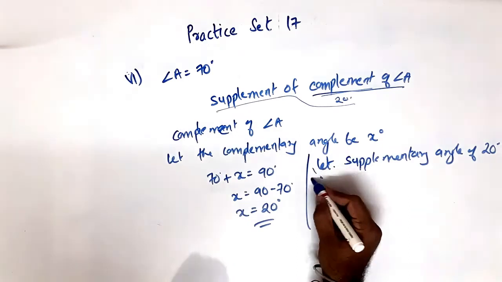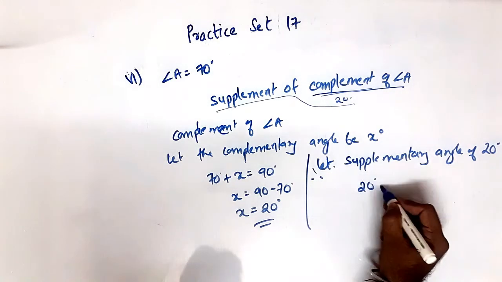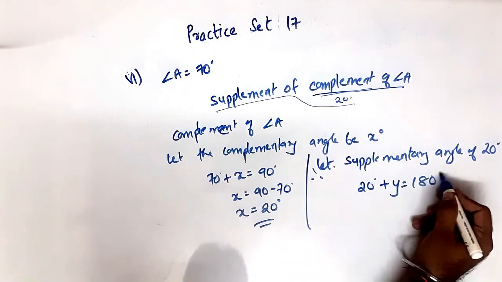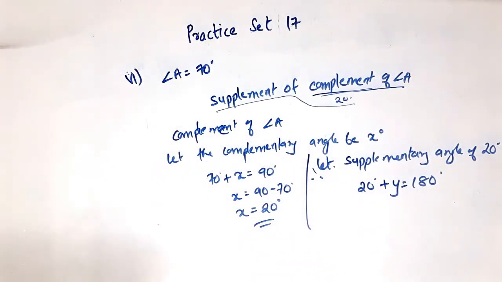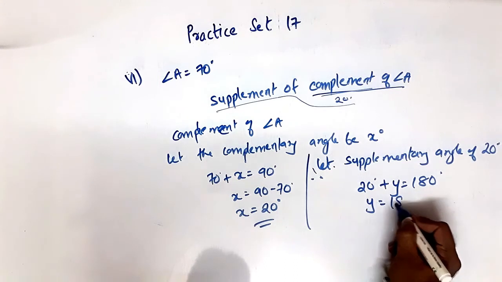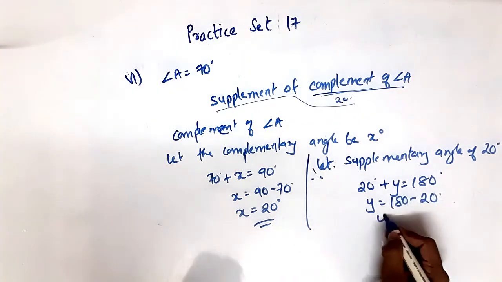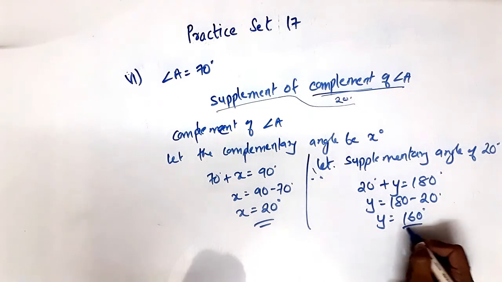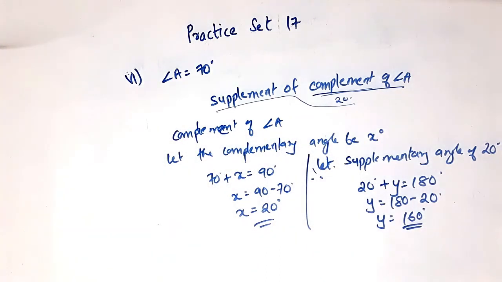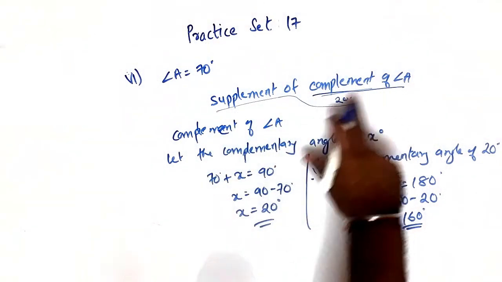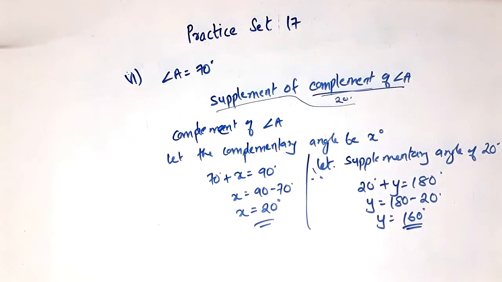So 20 degrees plus y equals 180 degrees, because supplementary means the total is 180 degrees. y equals 180 minus 20, y equals 160 degrees. So this is your final answer. The supplement of the complement of A is 160 degrees.